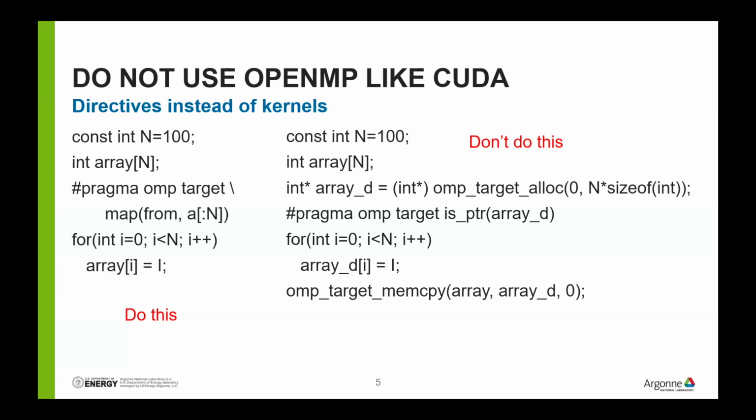You can see that the API style requires you to put way more lines. So my personal recommendation, when you think about how to program in OpenMP, is to think in a directive way rather than treat it as a CUDA alternative. If you write in a CUDA style, it adds a lot of maintenance burden.